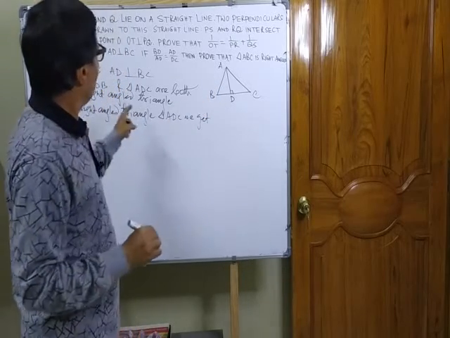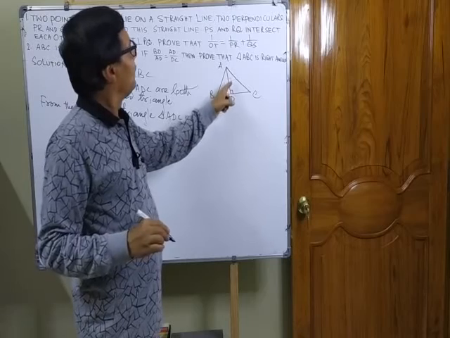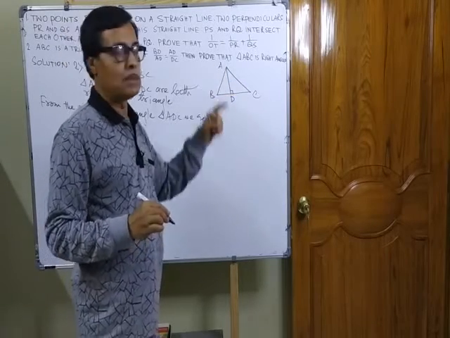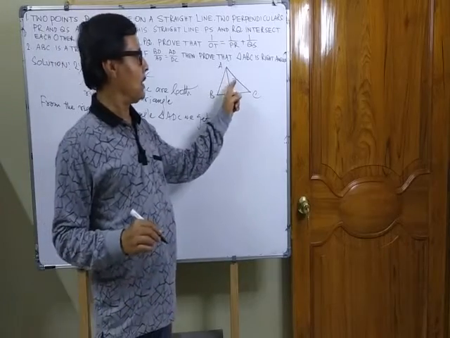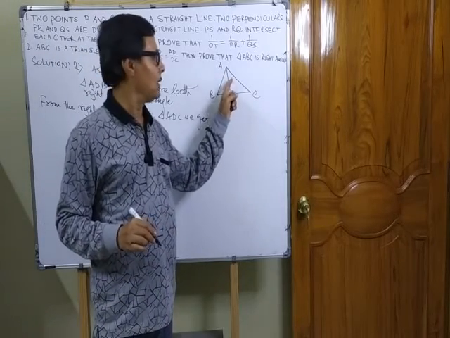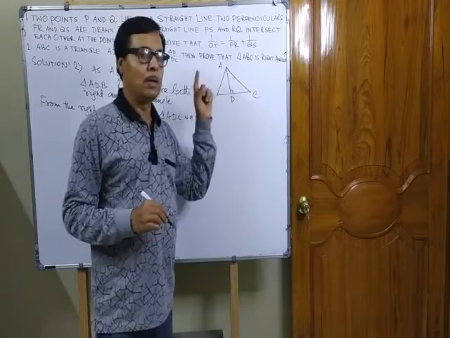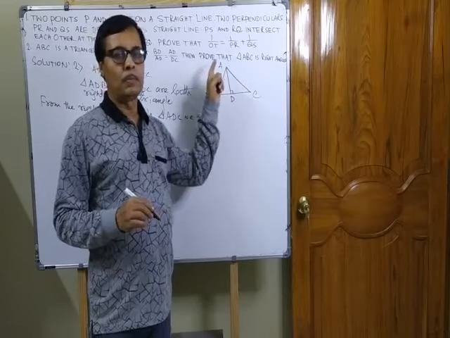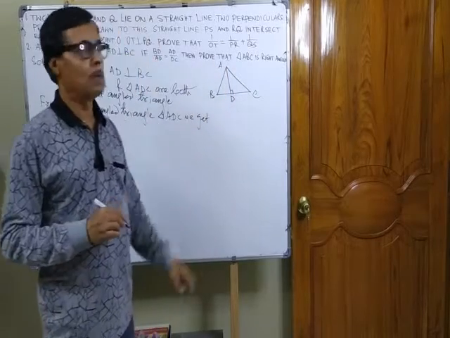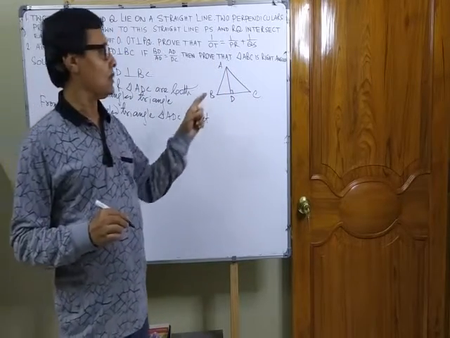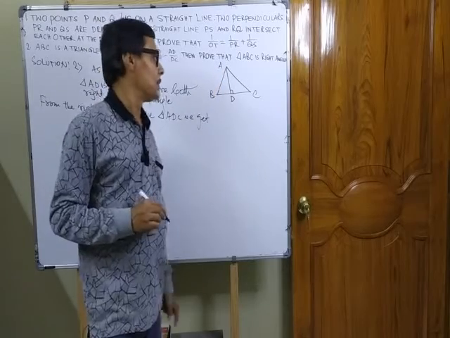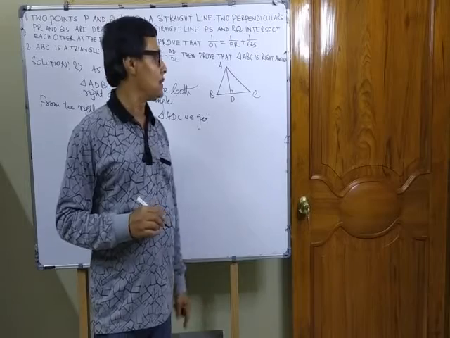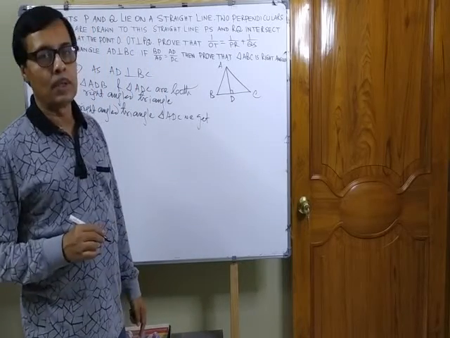We get AC square is equal to AD square plus DC square, because AC is the hypotenuse of this right angle triangle ADC. So by Pythagoras theorem we can say that the square of the hypotenuse is equal to the sum of the squares of the two other sides.